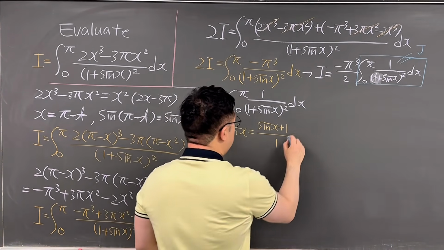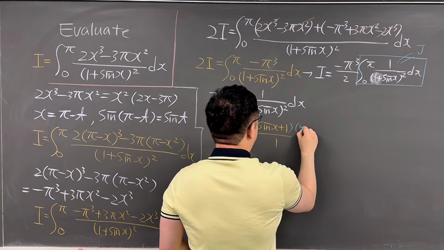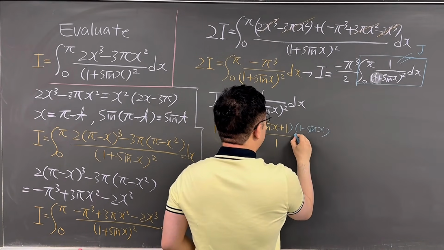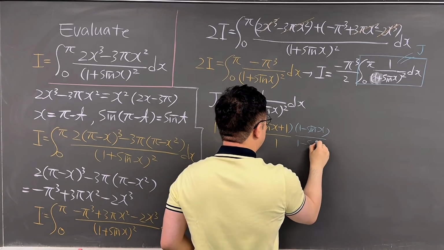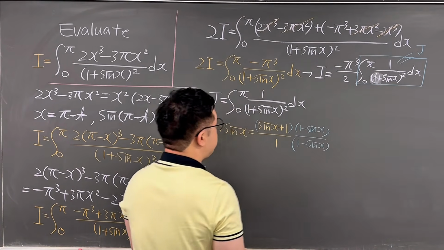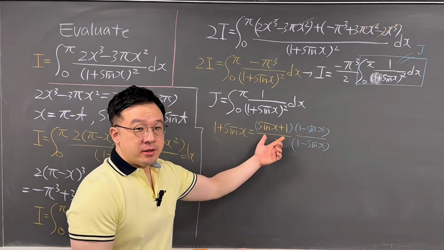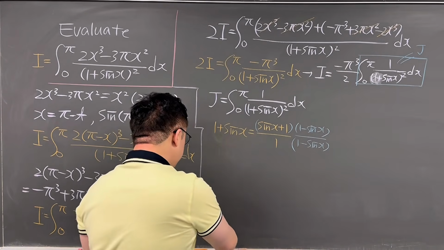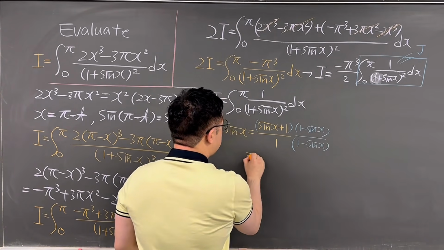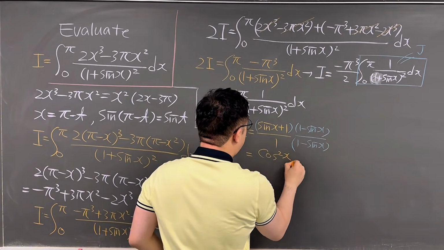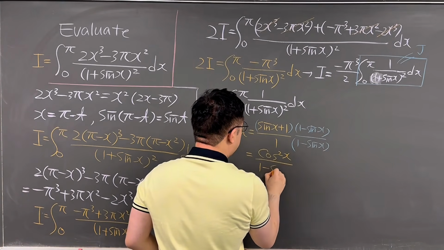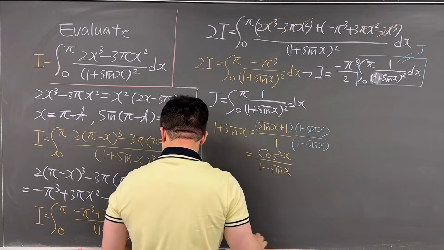Then the numerator becomes cosine squared x, divided by only 1 minus sine of x.